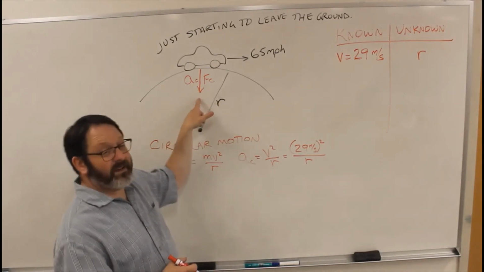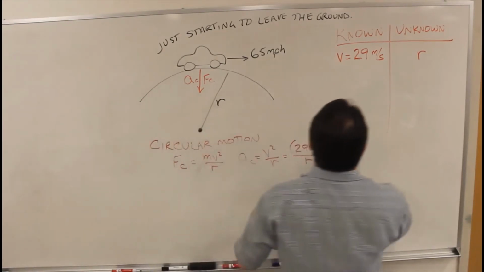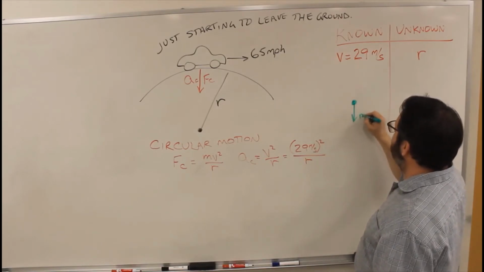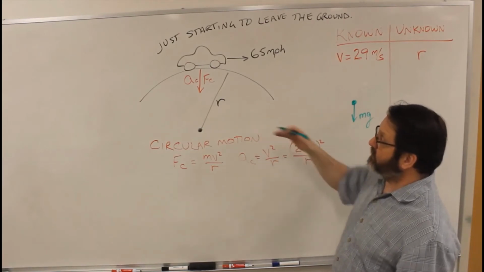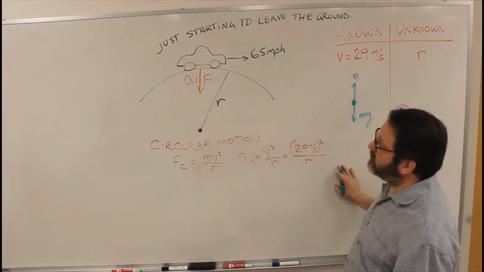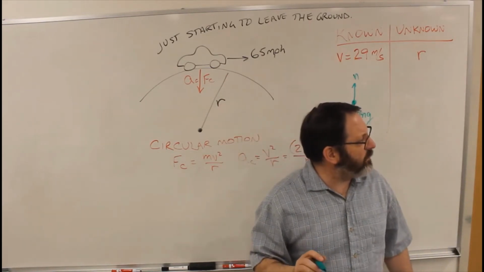Well, there's a force and an arrow. Maybe I should do a free body diagram. Let's try that. So free body diagram of the car. I have mg. There's a normal force from the road. It doesn't say whether we're speeding up or slowing down.